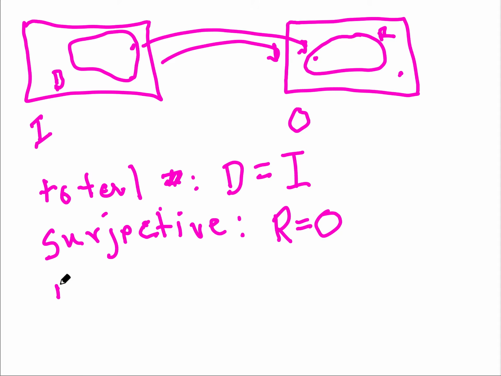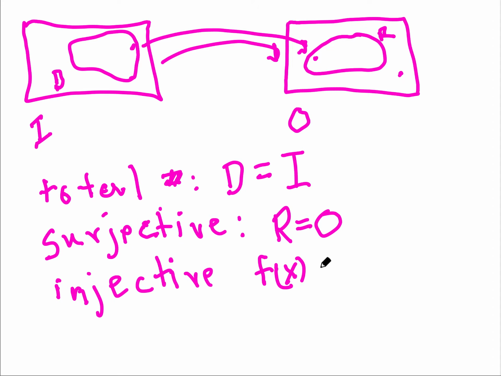And then there's injective. Injective means that if I look at my function and I apply it to x, and I apply it also to, let's say, y, so I start with input x and get some value, and I get the same value from input y, that means that x must equal y.